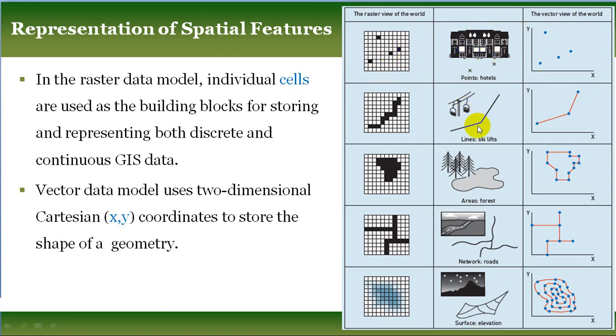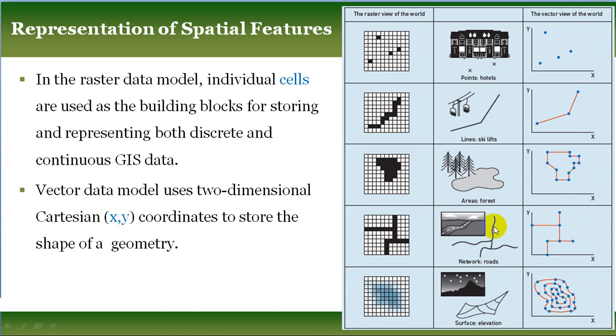If you want to represent some skylines or road or drainage line, some linear geographical features, which are also discrete in nature, that can also be represented using raster and vector. If you want to represent some forest, some district, some state, then you can represent it as a polygon in vector data, or as a raster.